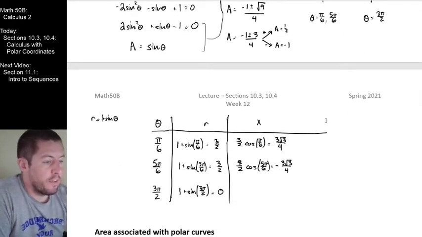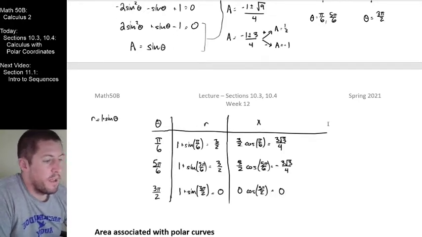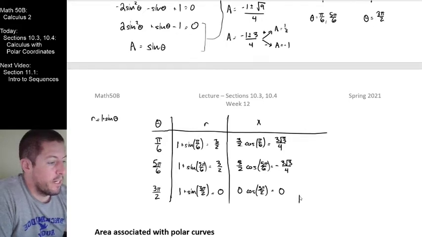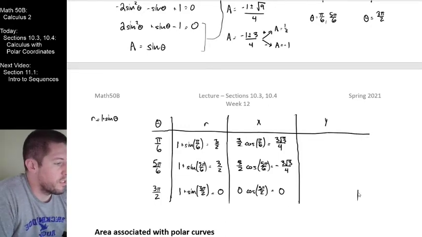Finally, my x-coordinate for this last one down here is going to be r times cosine of theta. Obviously, this is just 0 times -1, so I'm going to get a 0 for my x-coordinate there. And so now I've got all three of my x-coordinates, and finally we want to check out our y-coordinates over here.